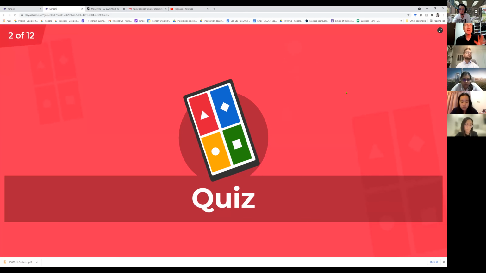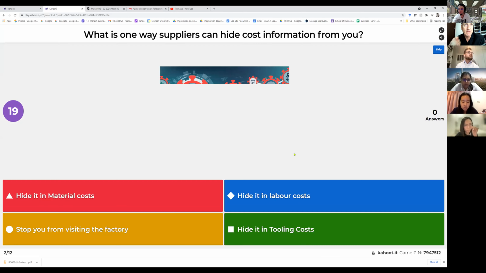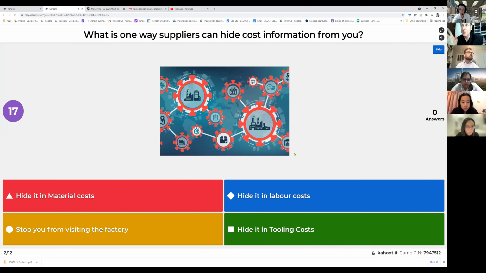All right, so let's go to 2 out of 12. What is one way suppliers can hide cost information from you? Remember, we need to understand the games that suppliers are playing, and then we better understand how Apple is stopping that game dead. What is one way suppliers can hide cost information from you?